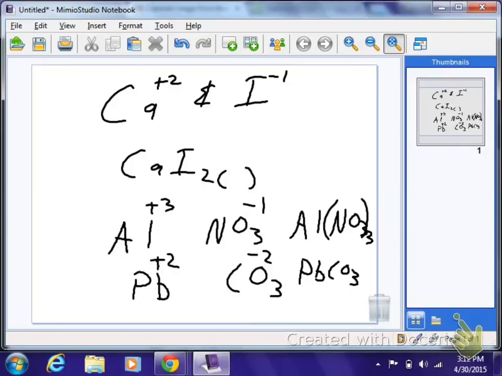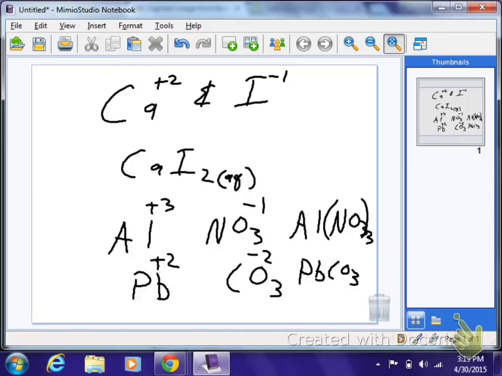Do I have an answer? Does somebody want to give me an answer? Yes, Zach. Thank you. You are right. Okay, because iodides are soluble unless they're put with silver, lead, mercury, or copper 1. We don't have any of those three. So that one's soluble. That one will dissolve.